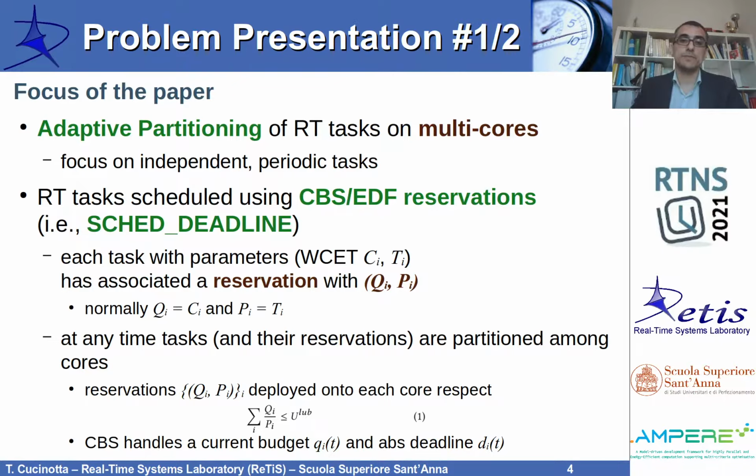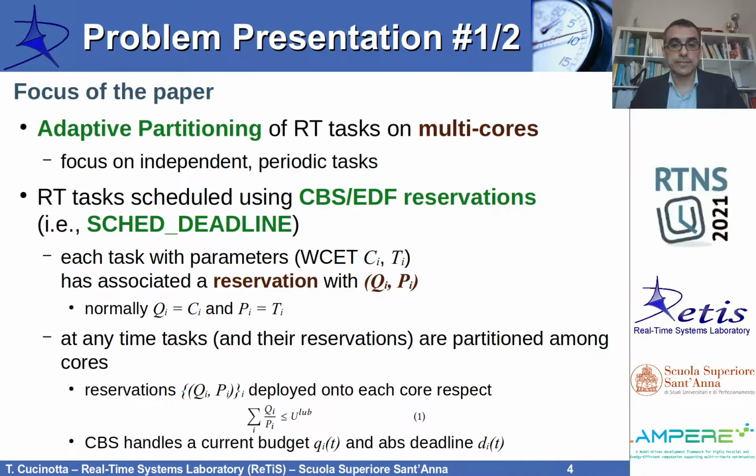tasks on multi-core platforms, where we focus on independent periodic real-time task sets, and these tasks are scheduled by using CBS reservations, so Constant Bandwidth Servers, which, as we know, rely on EDF scheduling. So in this context, each task comes with its own parameters, which are the worst case execution time Ci and the minimum interarrival period Ti.